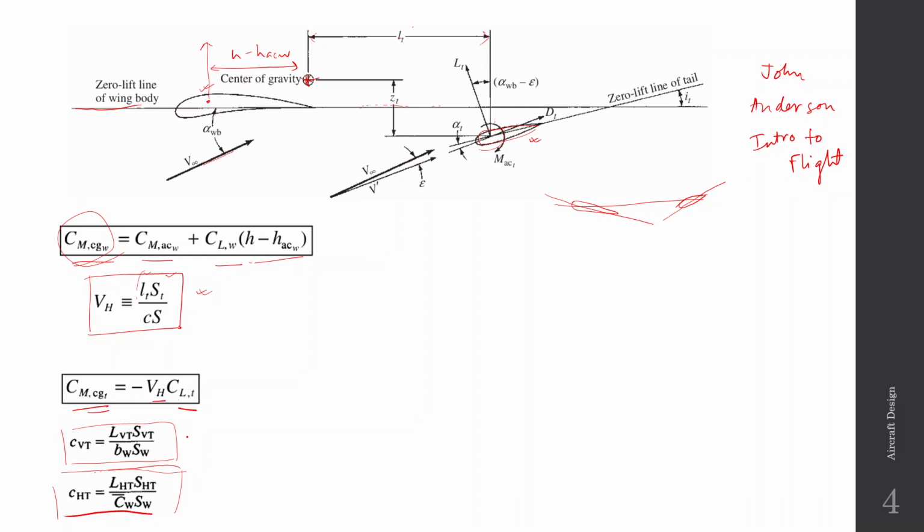The horizontal tail volume ratio talks about the horizontal tail, and the vertical tail ratio talks about the vertical tail. One more thing we'll see is that the horizontal tail ratio is normalized with the chord length of the wing, whereas the vertical tail ratio is normalized with the wingspan. So this is an important distinction.